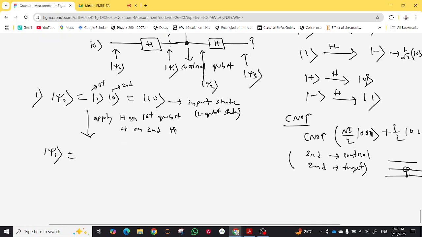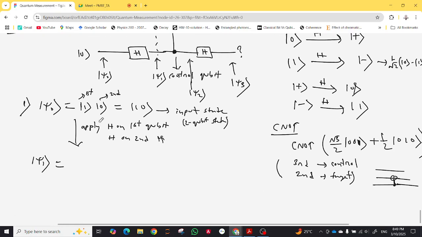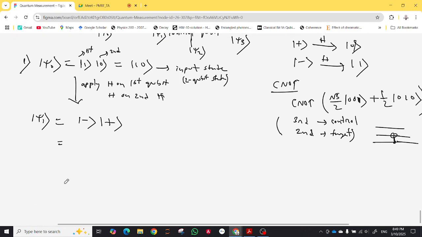So what you did, you applied Hadamard on the first qubit, which is in state 1. If you apply Hadamard on 1, what will you get? You will get the minus state, right? So it will become minus, and the second one will become plus, right? You are applying Hadamard on 0, so it will become plus. So this is your psi1, minus plus. Okay, now you write this in terms of 0, 1, so that will be better.